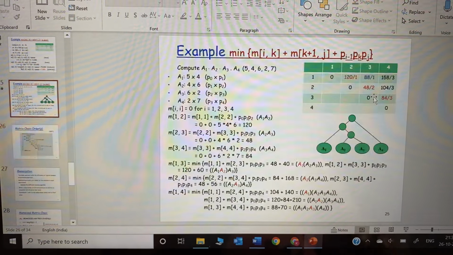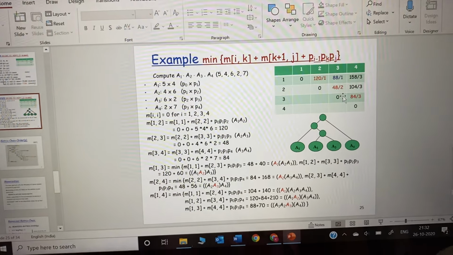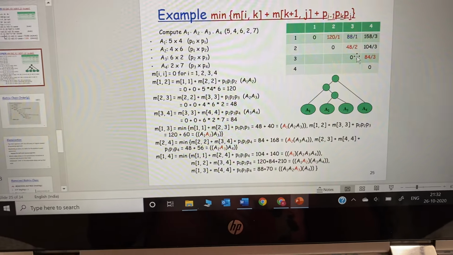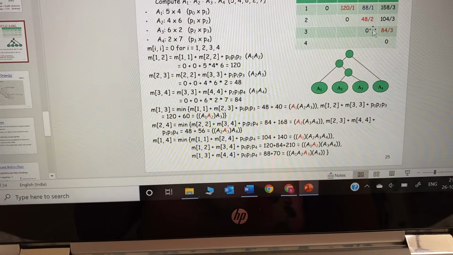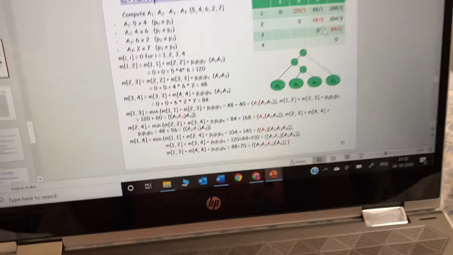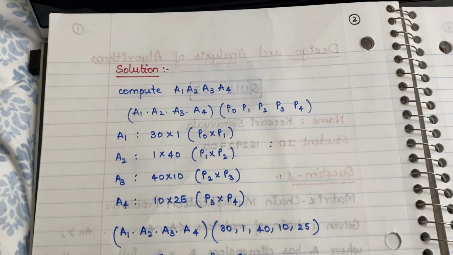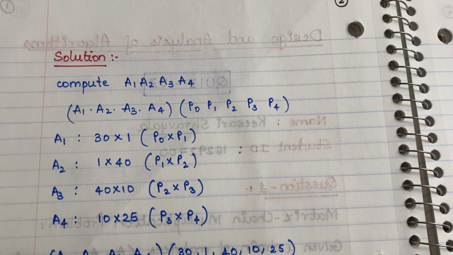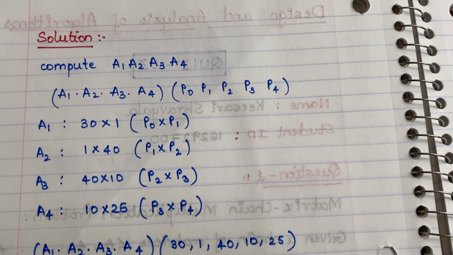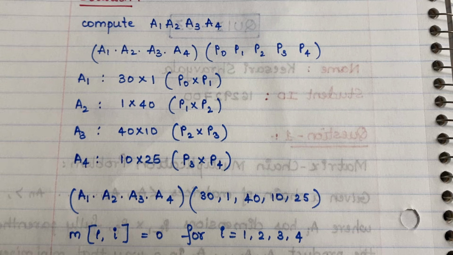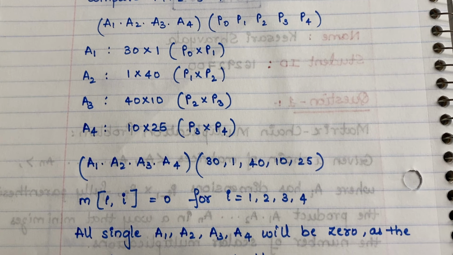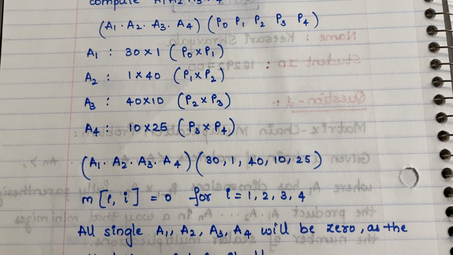Here I'll explain this with the help of one example which is illustrated in the quiz. I have four matrices, A1, A2, A3 and A4. The size of A1 is 30 by 1, A2 is 1 by 40, A3 is 40 by 10, and A4 is 10 by 25.